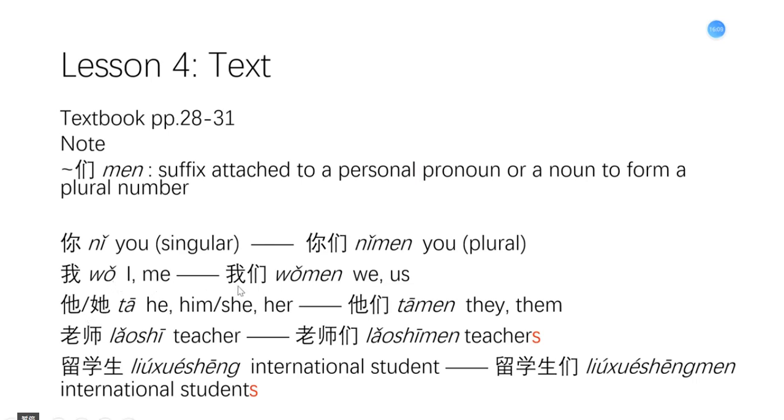So 我们 means we or us. And similarly, 他们 means they or them. Compared to he and she, 他们 is a plural pronoun, which means they or them.